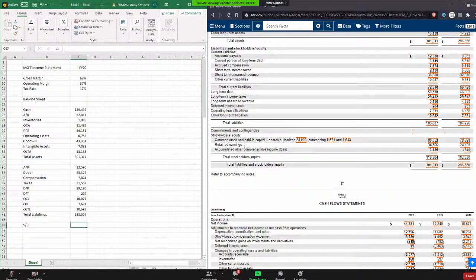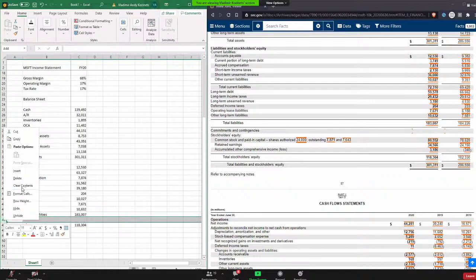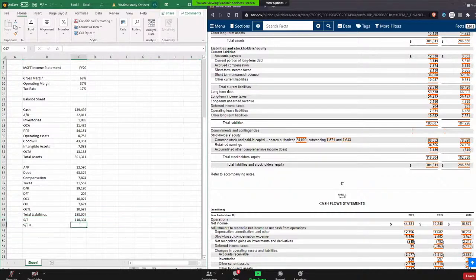Okay, let's see what it is. It's 118,304. And then shareholder equity plus liabilities, let's see what that equals.